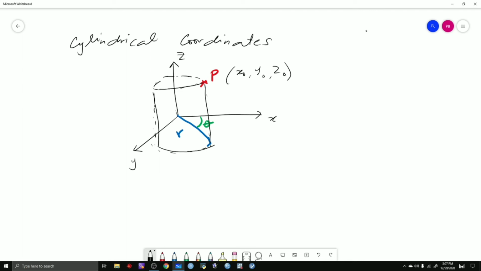Now for the parameters, r must be greater than or equal to 0. Theta is between 0 and 2 pi. So for the rotation, we go from x in this direction.